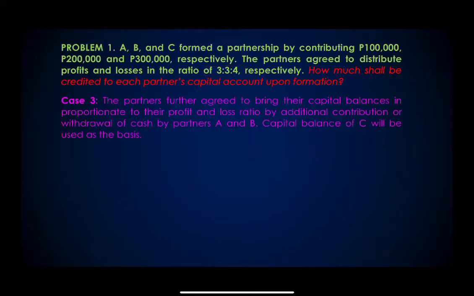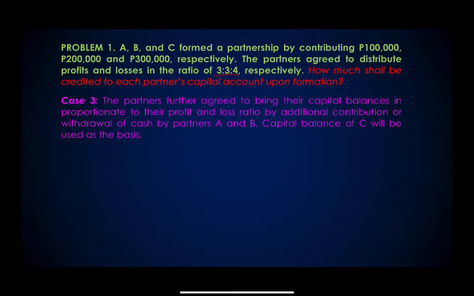Next, we have case number 3. Same problem, but with a different assumption. The partners further agreed to bring their capital balances in proportion to their profit and loss ratio. So we have to refer again to their P&L ratio, but by additional contribution or withdrawal of cash by partners A and B. Capital balance of C will be used as the basis.